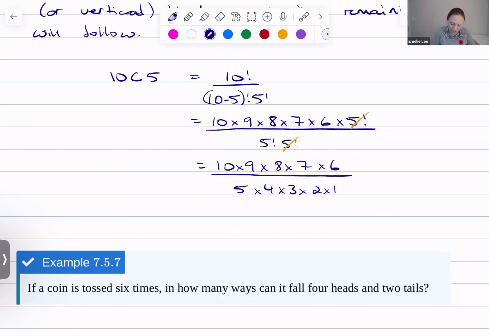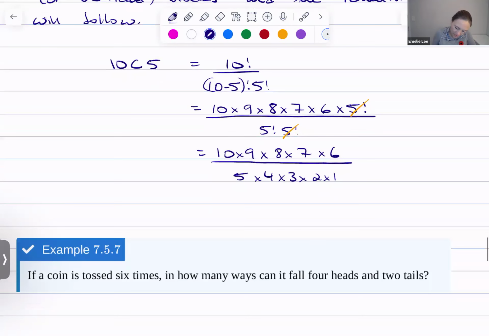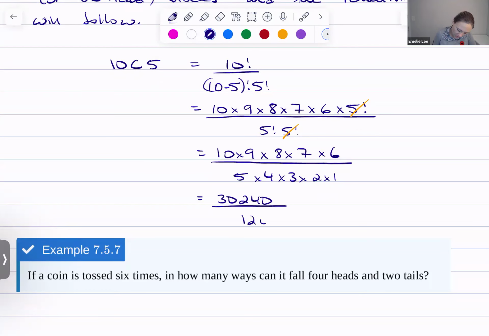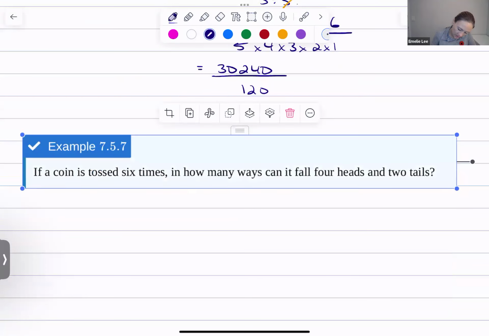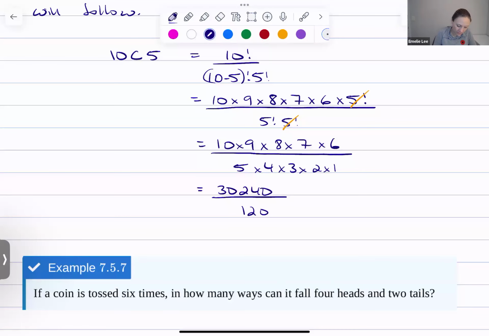I get 30,240 divided by 5 factorial, which is 120. 30,240 divided by 120, I get 252 different routes that you could take. And I want you to confirm 10 choose 5 is 252 on your calculator, which it is.